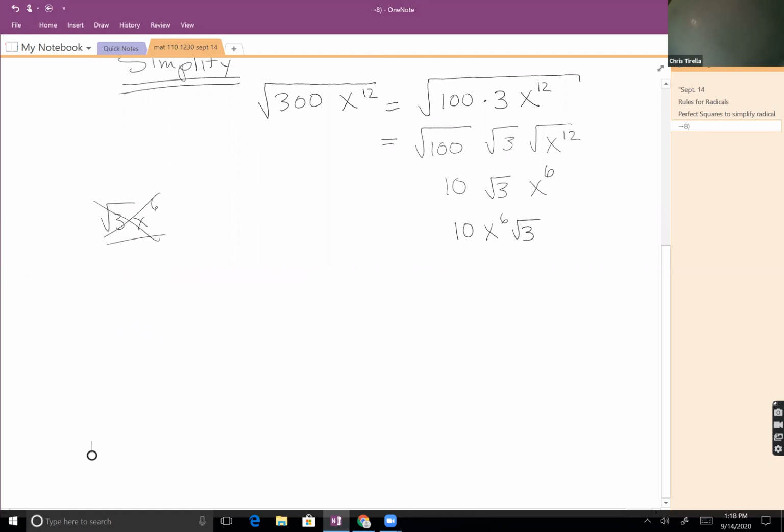So then, what happens if I have something like the square root of x to the 9th? Because that's an odd exponent, it's not a perfect square.